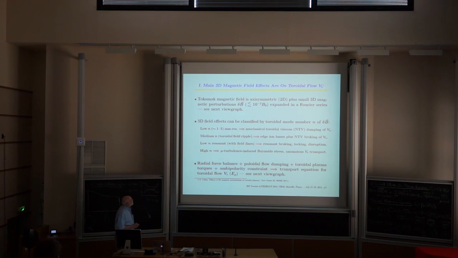The low toroidal mode numbers tend to give us, if they're non-resonant, a direct damping of the toroidal flow, it turns out. In the medium range, we have 18 coils being built in ITER, so that's n equals 18. And then we also have low n resonant ones.